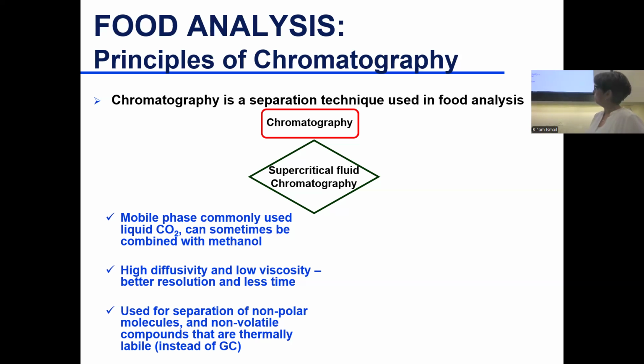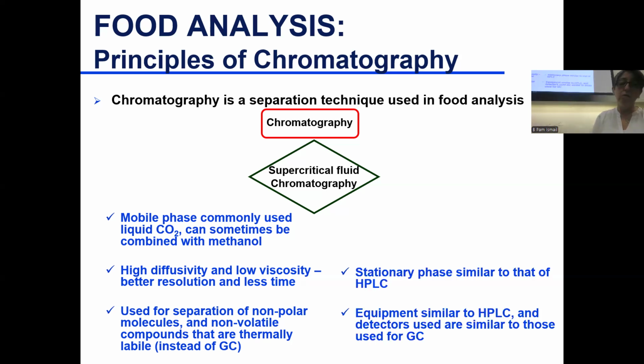fluid chromatography. And this liquid CO2 has high diffusivity, meaning it's really not dense, has low viscosity, and it allows movement to happen very fast. Because of its low viscosity, it moves smoother and results in better resolution and less analysis time.